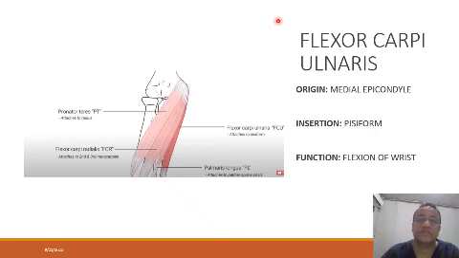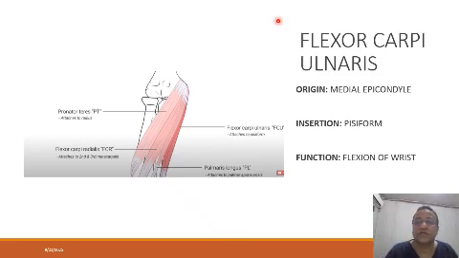Till now we have learned four muscles, all originating at the medial epicondyle of the humerus, and all running inferiorly. Three of them get nerve supply from the median nerve, namely pronator teres, flexor carpi radialis and palmaris longus, and flexor carpi ulnaris gets its nerve supply from the ulnar nerve.